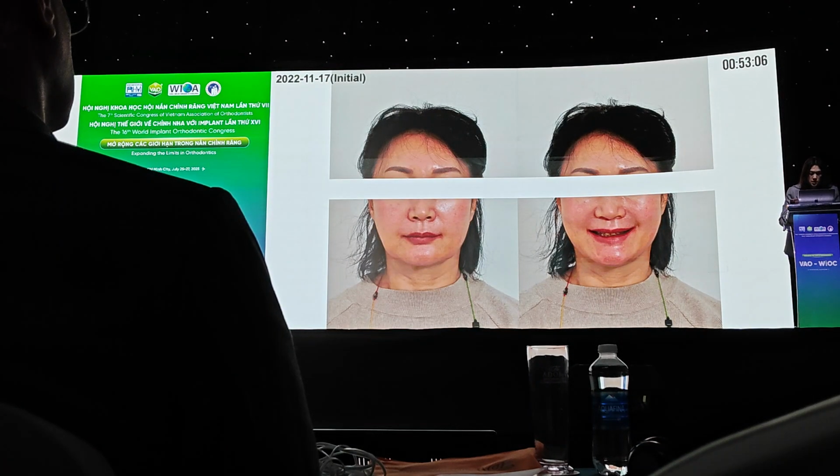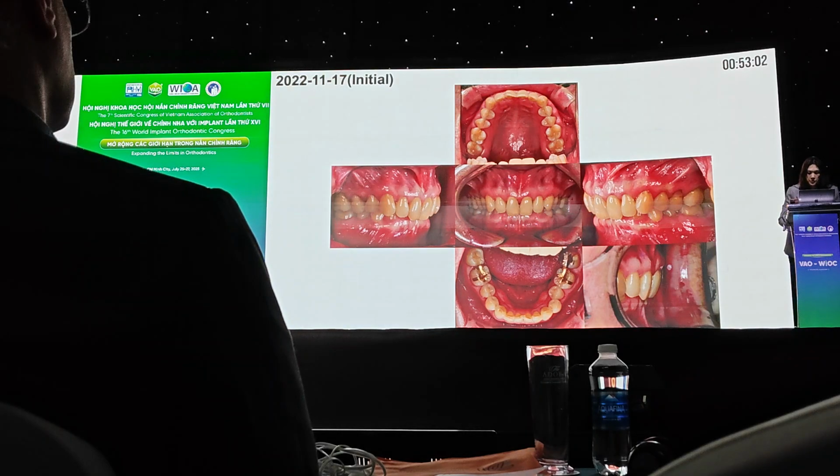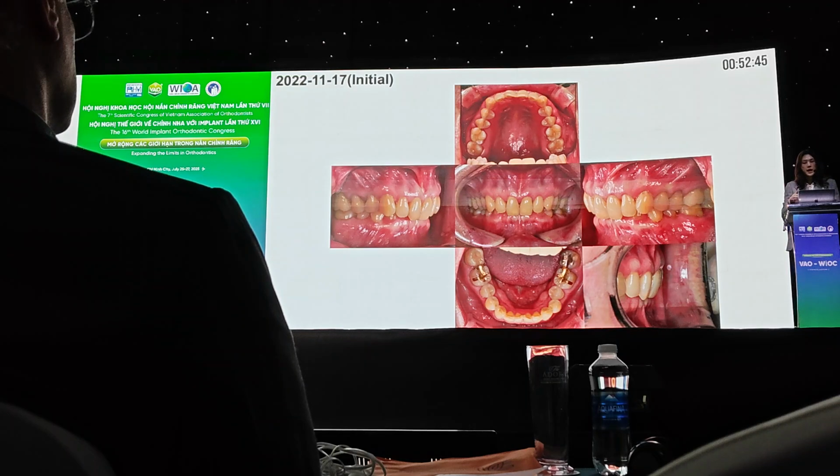Another patient in her 50s, severe deep bite. You can't even see the lower incisors. Also, she's class 2. So if you see this patient and you only plan for intrusion of the upper and lower incisors, you will not be able to correct her class 2 molar relationship, and what you'll end up with is a large overjet.